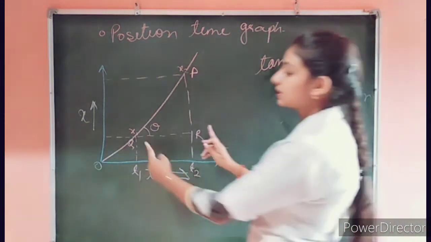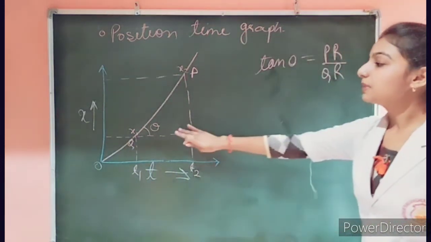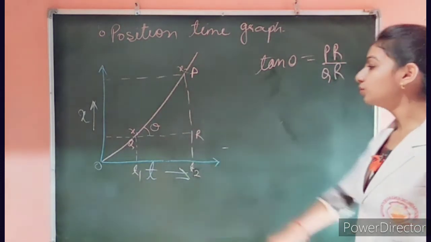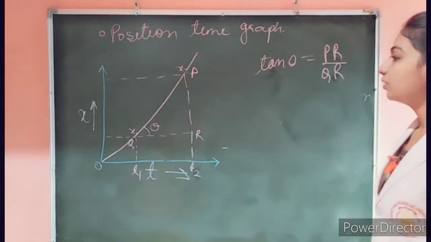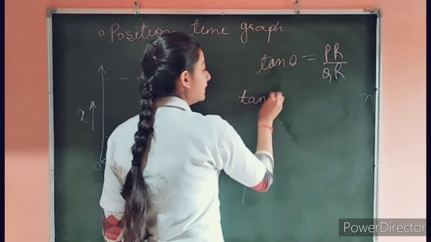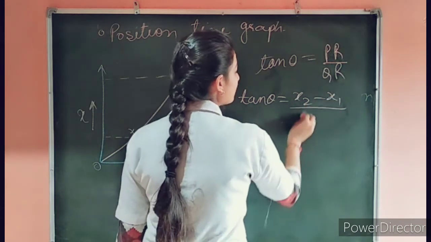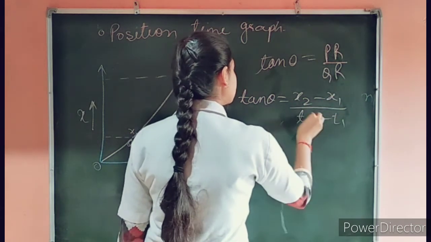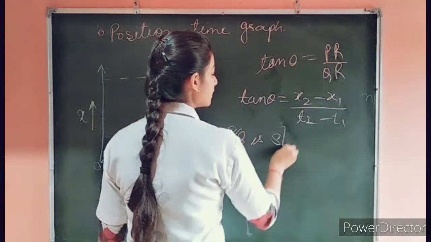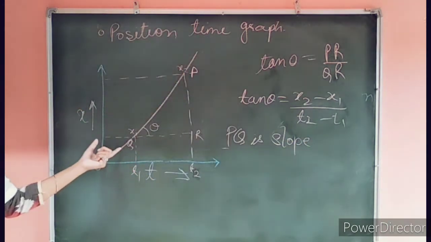QR will be equal to t2 minus t1, and PR will be x2 minus x1. So tan theta is x2 minus x1 upon t2 minus t1, which is the slope of the straight line.